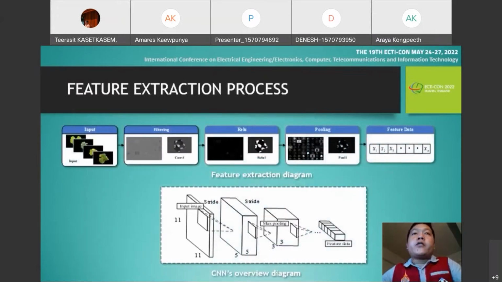The feature extraction process applies a convolutional function with various filters, consisting of 5 levels of convolution, 3 levels of ReLU, and 3 levels of max pooling, in order to decrease the number of parameters and maintain significant information.